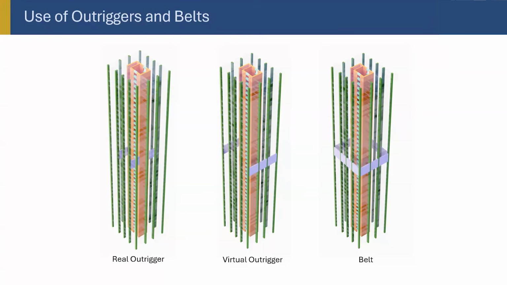So this is one of the best tools you will have in your building range to optimize your structural system. How you decide outriggers, how you place outriggers, how you place the belts, whether you use real outriggers or you use virtual outriggers. So these are, I would say, main tools that you will have at your disposal.